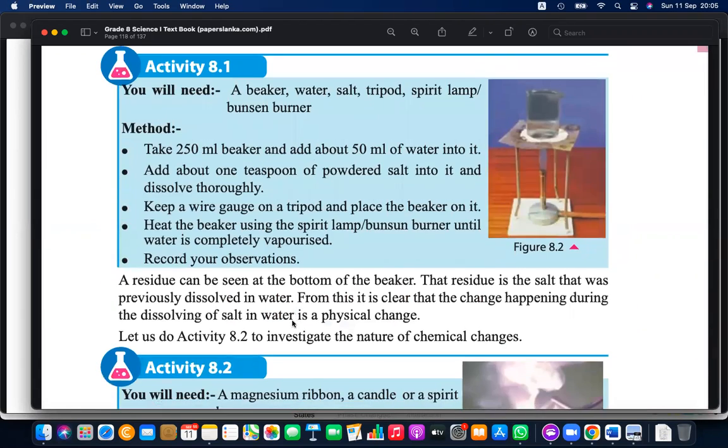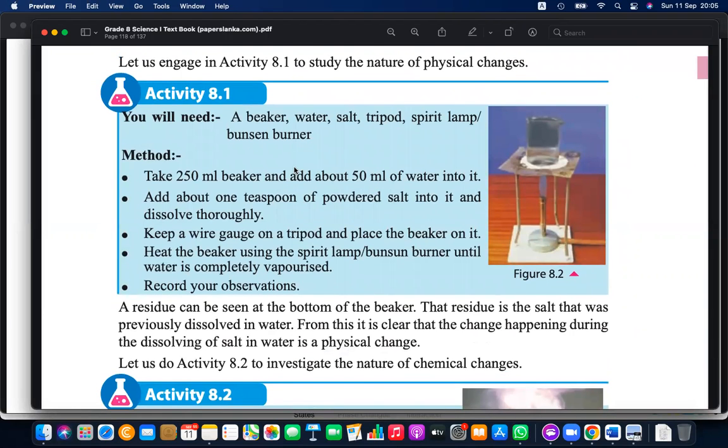So this is an example of dissolving salt in water. You have to take a beaker, water, salt, a tripod, a spirit lamp, and the Bunsen burner.